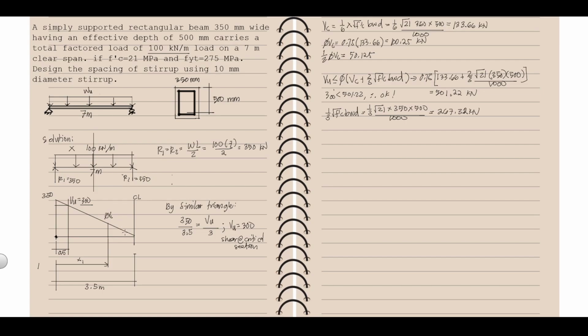Tama? And then a certain point then where our shear will have the same value as that of the 1/2 phi VC. Okay? So, x1 for the phi VC and x2 for the 1/2 phi VC.